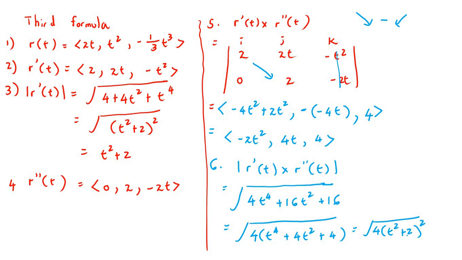So the magnitude of R prime t cross R double prime t is 2 times t squared plus 2.